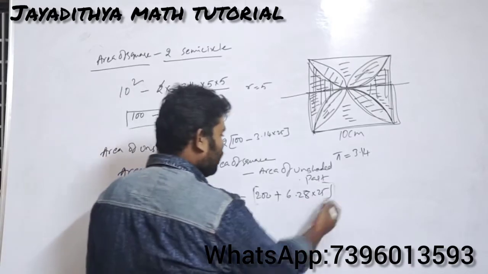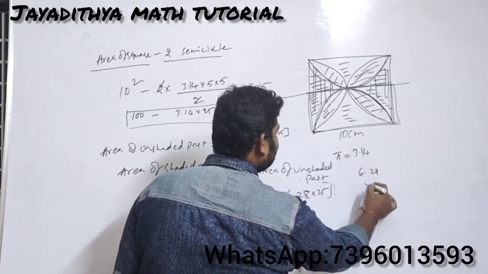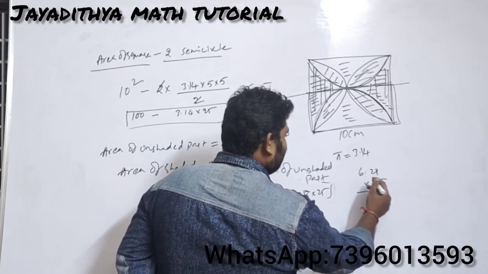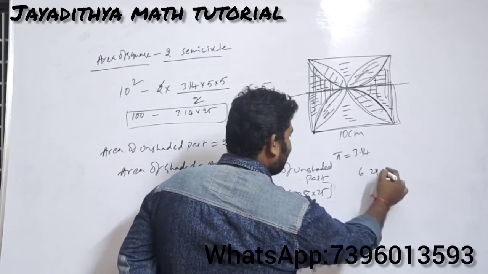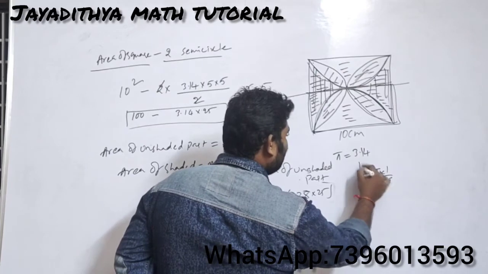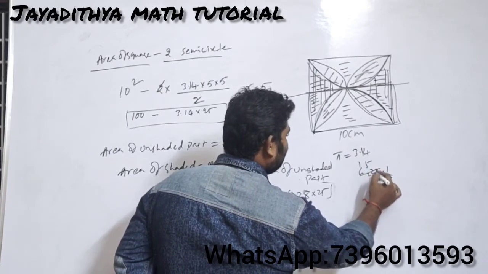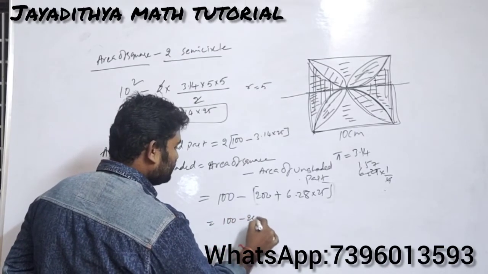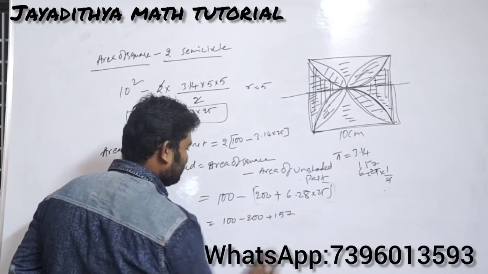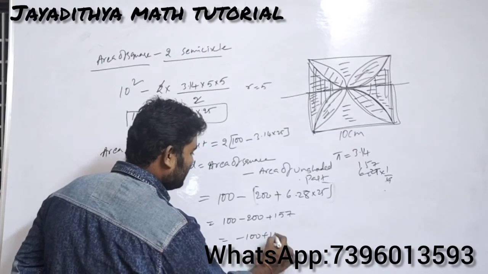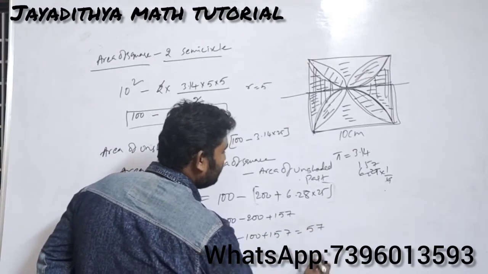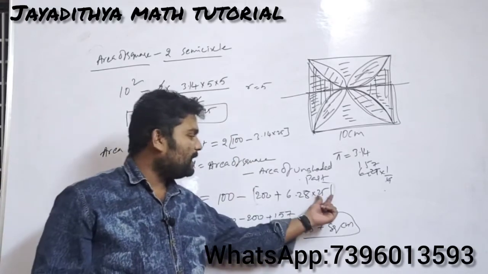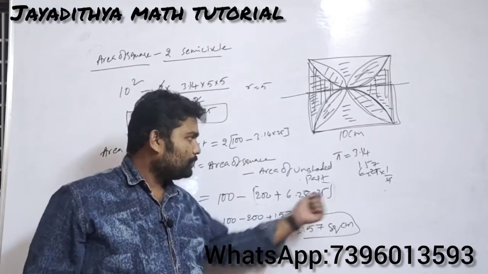So you multiply this one, how much will you get? 6.28 into 25 will be 157. So this is equal to 100 minus 200 plus 157, so this is minus 100 plus 157. This is equal to how much? 57 square centimeters.